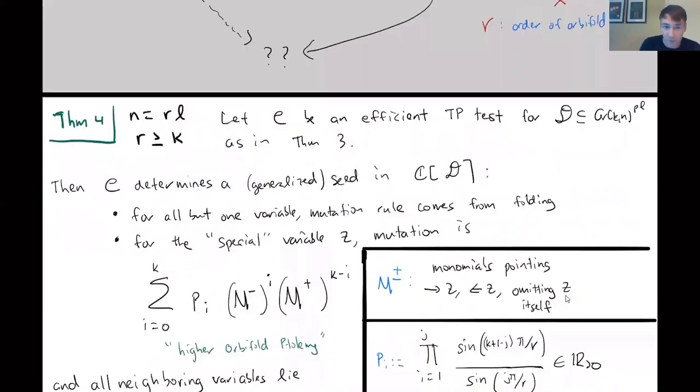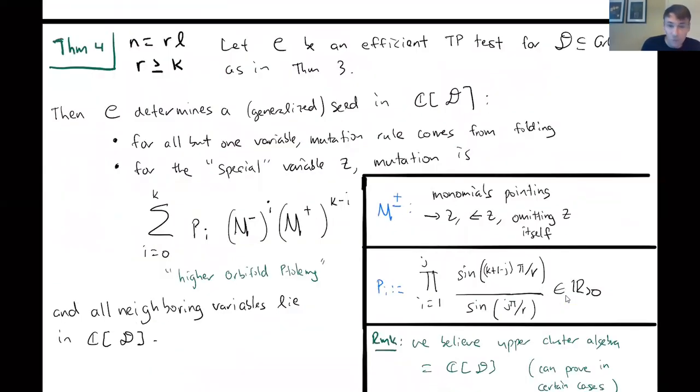And for the special variable, the mutation rule is the usual type of generalized cluster algebra thing. So you construct two monomials, m minus and m plus, which are the monomials pointing into and out of the bad variable, the special variable, except you delete the special variable from the monomials. And then there are some coefficients.